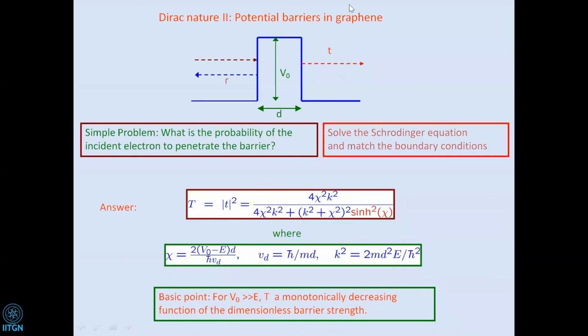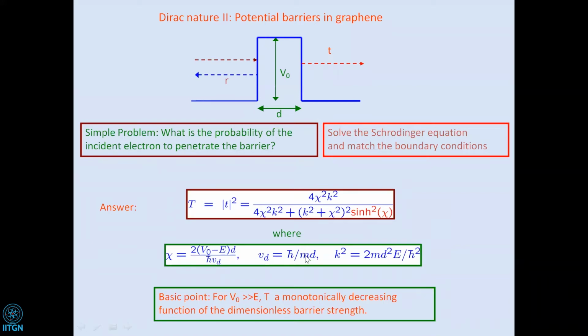One can calculate the probability of this electron to tunnel to the other side, and it turns out that this quantity depends on a dimensionless barrier strength, which is given by 2 times V naught times d divided by h bar Vd, where Vd is a typical velocity scale that you create out of this problem.